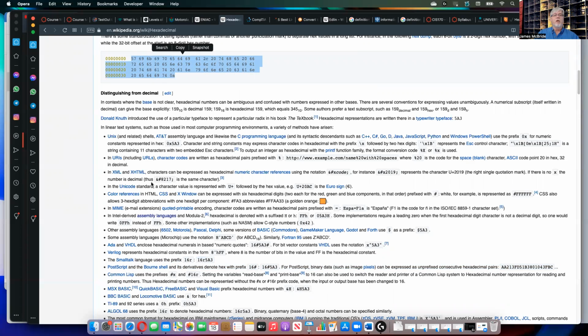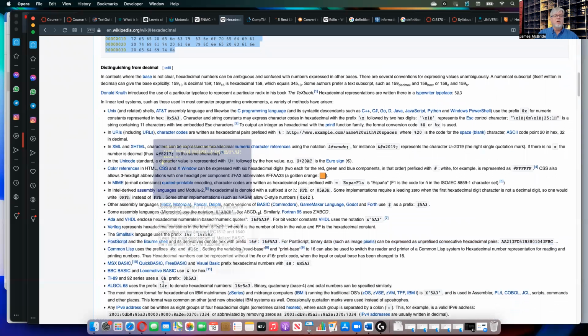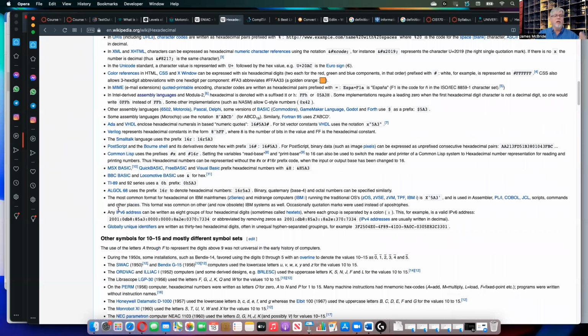And then knowing, oh, that's Unicode that's storing it, you can convert that over to what it means. PostScript uses hex, BASIC, QuickBASIC, FreeBASIC. There's just tons. You can take a look here. And IP version 6 uses hex in its addressing schemes so that there's more addresses available in a smaller space. So hex is used quite a bit.